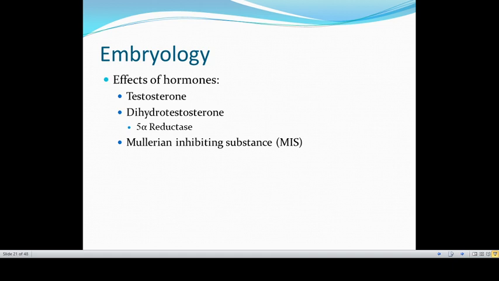When the embryo has functional testes, male internal and external genitalia develop. The Leydig cells of the fetal testes secrete testosterone, and the Sertoli cells secrete Mullerian inhibiting substance. In their effects on the internal as opposed to the external genitalia, testosterone and Mullerian inhibiting substance act unilaterally.